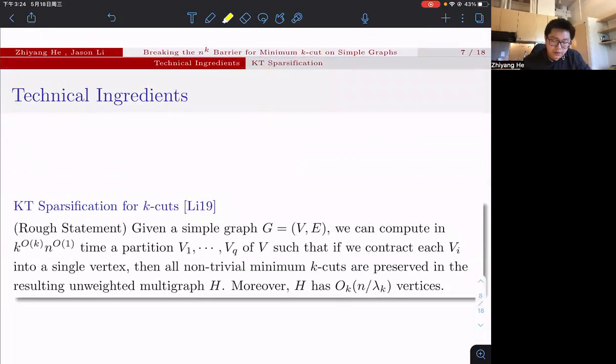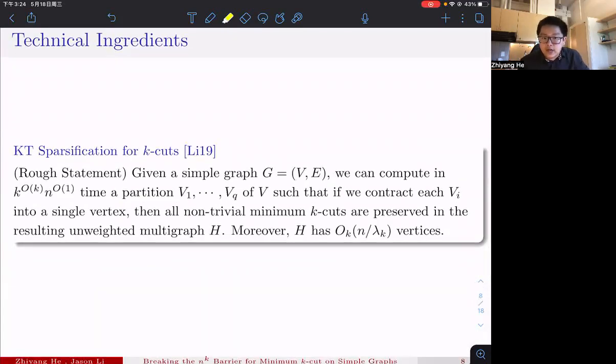The first technical component, as we mentioned before, is going to be the KT sparsification procedure. We're going to cite the sparsification procedure for K-cuts, and the statement is roughly as follows. Again, given a simple graph as before, we compute a partition such that if we contract each V_i into a single vertex, all non-trivial minimum K-cuts are preserved in H. And moreover, H has n over lambda_K vertices.